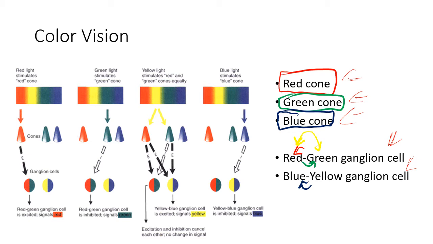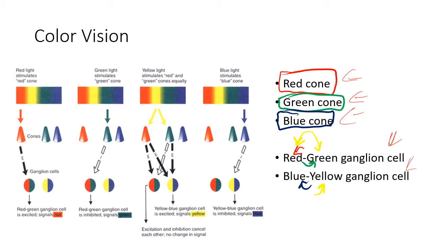But now what ends up happening beyond that is when you look at the blue-yellow, it's essentially exciting the blue-yellow and it's signaling yellow. So even though no cone is activated for yellow, you've got a signal of yellow on the blue-yellow, you've got an even signal on the red-green. The result is it translates into the brain as yellow.